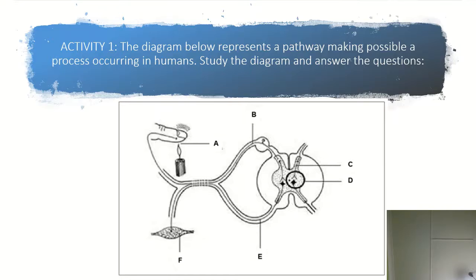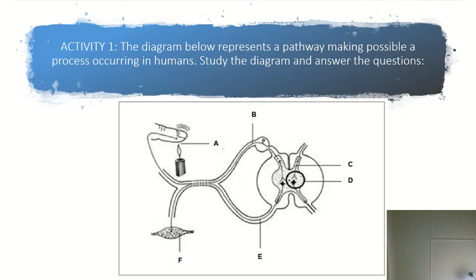So this is the diagram that you are given, and it says on top, the diagram below represents a pathway making possible a process occurring in humans. Study the diagram and answer the questions. Even before we touch on the questions, note that it says this diagram represents a pathway making possible a process.